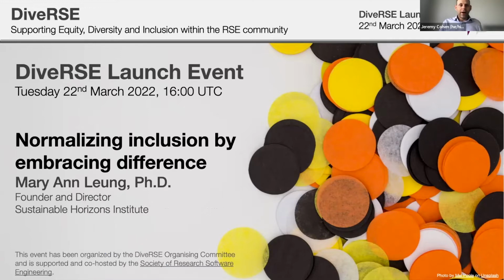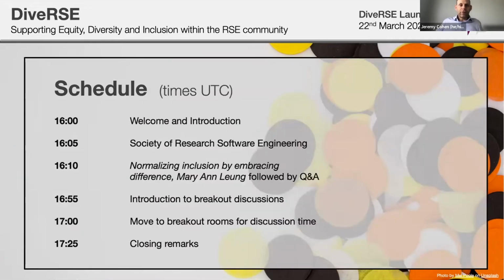So the schedule for the session, we're expecting to run for about 90 minutes. After this introduction, we've got a quick introduction from Matt Williams, who's representing the Society of Research Software Engineering, who are our co-organizers and sponsors of this session. I'm very grateful to them, and particularly to Marion, who will be speaking a little later, for their help in getting all this set up.